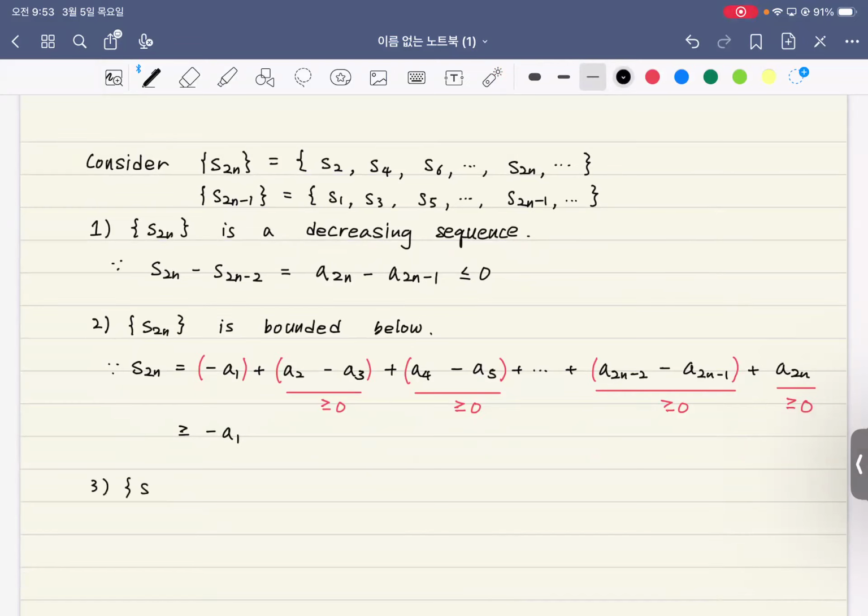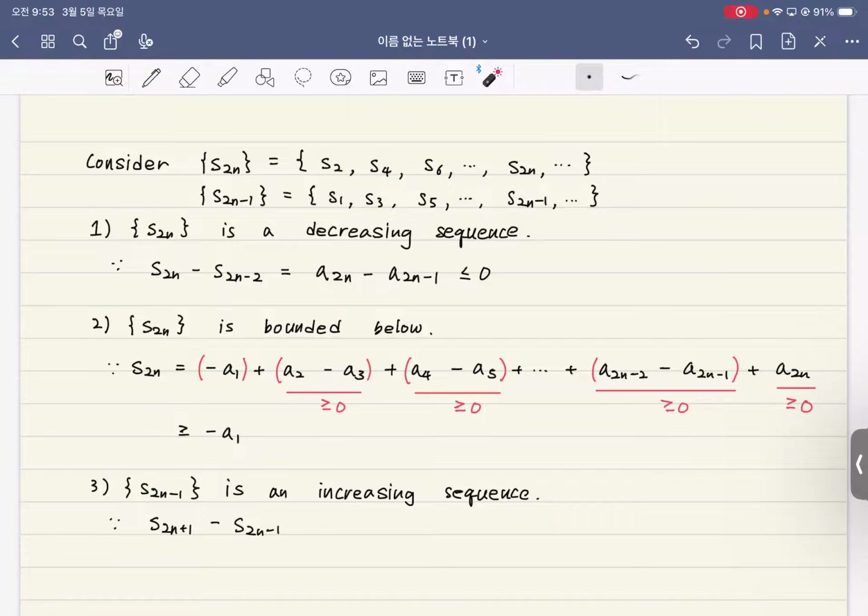Now, S2n minus 1 is actually an increasing sequence, because S2n plus 1 minus S2n minus 1 is the subtraction between two consecutive terms of this subsequence, and this is minus A2n plus 1 plus A2n.